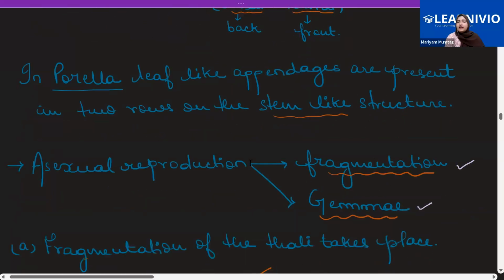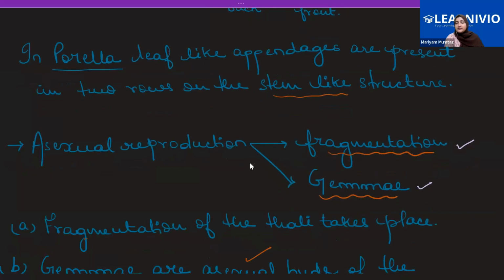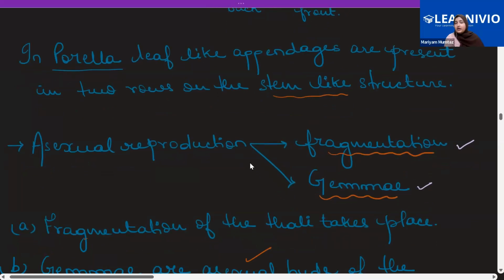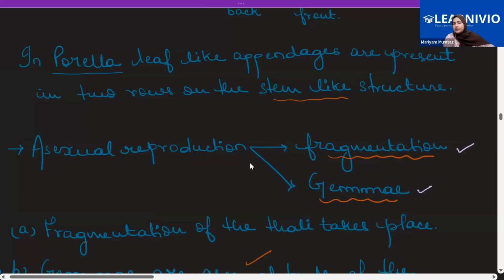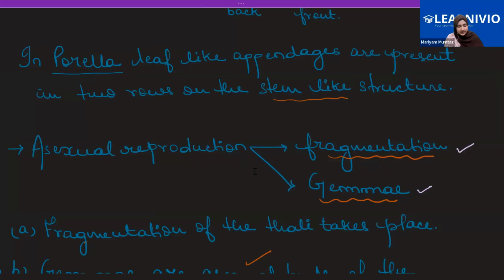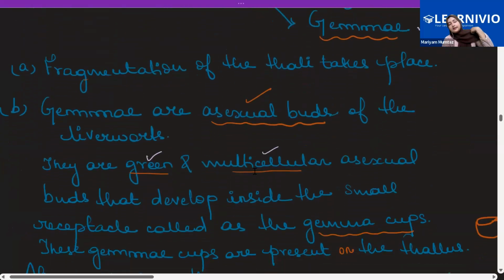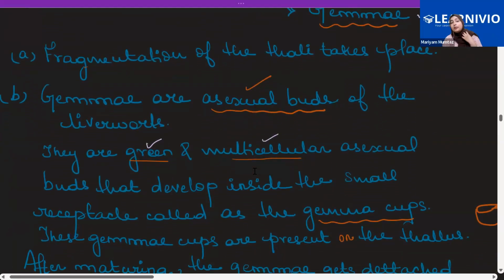Now in them, the asexual reproduction takes place by fragmentation or gemma formation in gemma cups. Fragmentation of the thalli takes place basically upon maturation, it breaks into fragments. Each of the fragments becomes a new organism. But gemmae are the asexual buds of the liverworts.